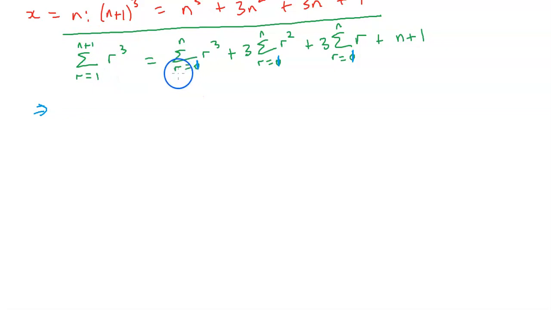And then over here we have the sum from r equals 1 to n of r cubed. And if we subtract from both sides, then on this side here, so let me just write that out, subtract the sum from r equals 1 to n of r cubed, and then over here subtract the sum from r equals 1 to n of r cubed, then that's just going to leave us with the last term in this series, which is just going to be the n plus 1 cubed.